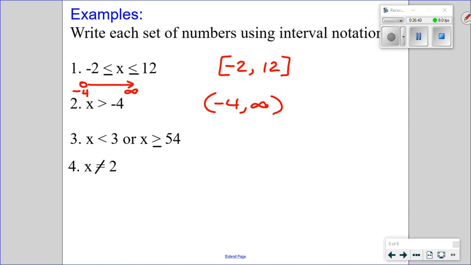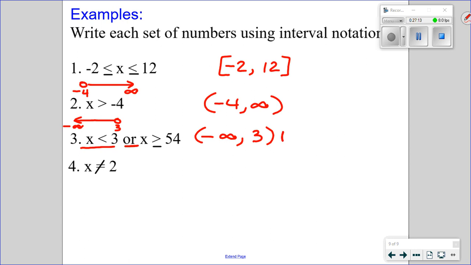All right, number three, x is less than 3, or x is greater than or equal to 54. So in this case, we're going to have to write two intervals, okay? So for x is less than 3, if I were to graph this as an inequality, it would look like this. So we have to start with negative infinity, okay? So it'd be negative infinity, comma 3, parentheses, because it would be an open circle.